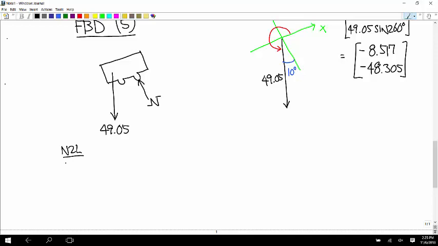What forces do we have? The normal force is easy. That's always 0, N. And then we have the weight force that we just figured out is negative 8.517, negative 48.305.